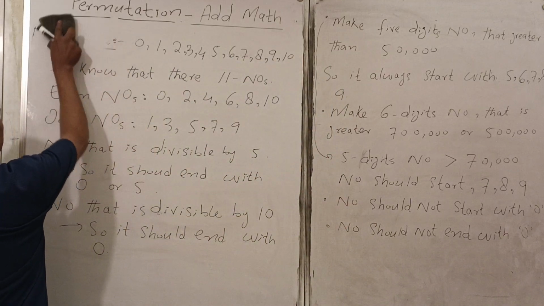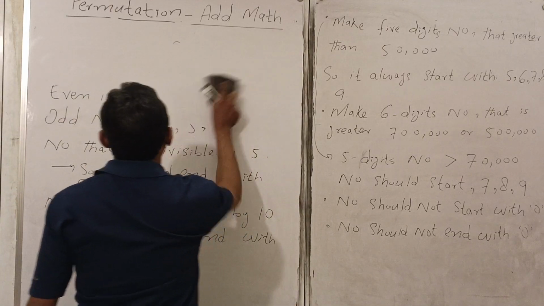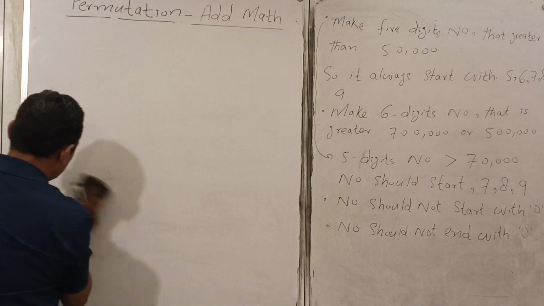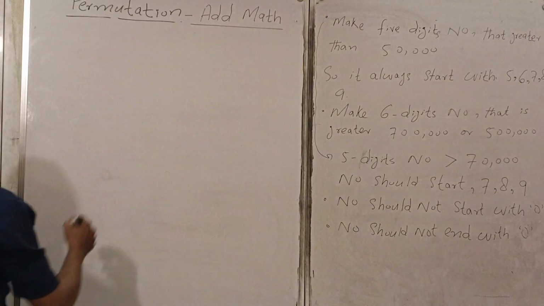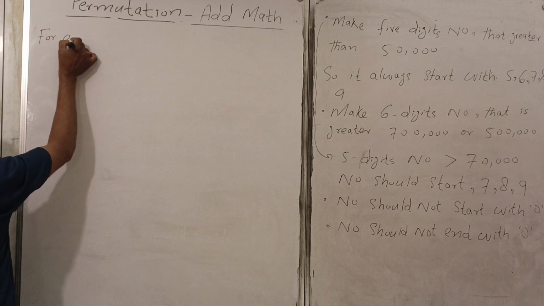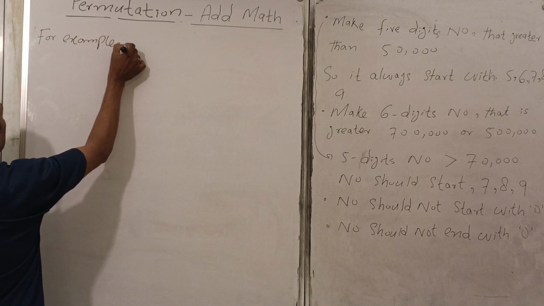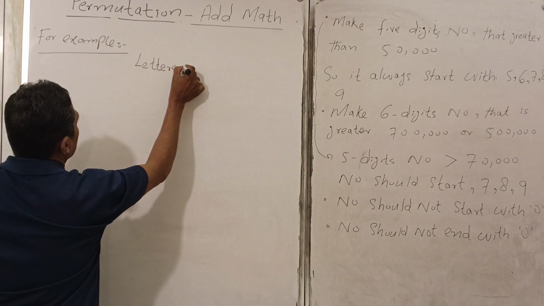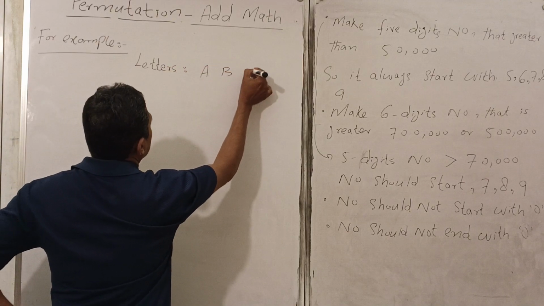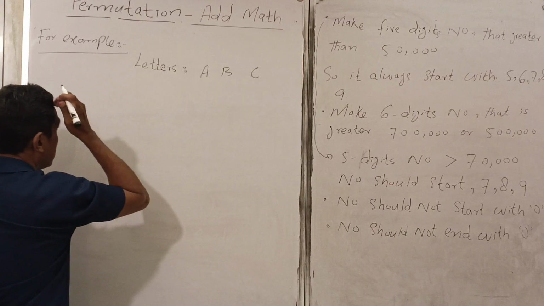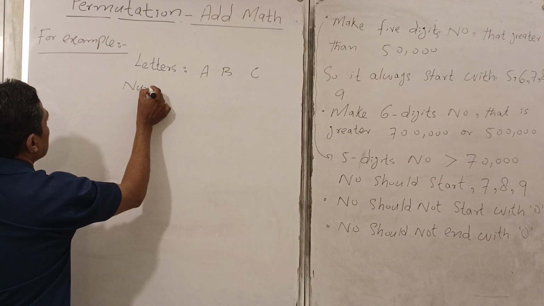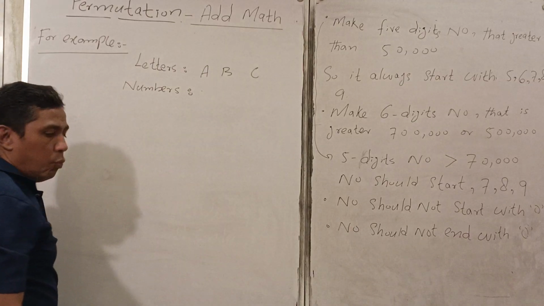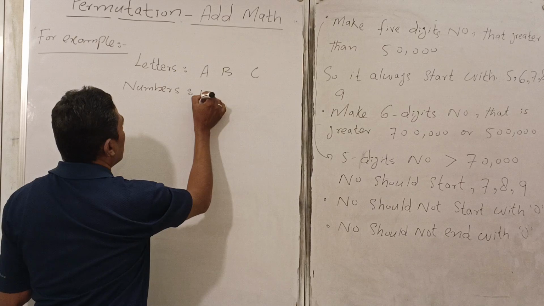For example, letters: A, B, C. Okay. Numbers, for example 1, 2, 3.